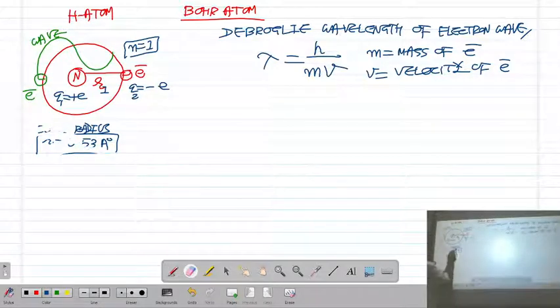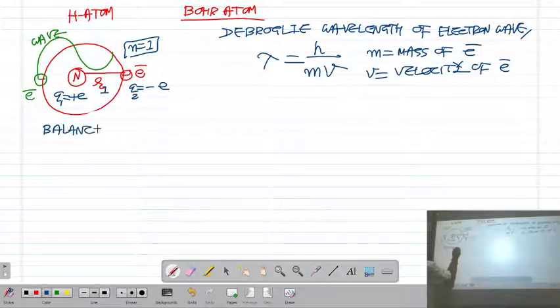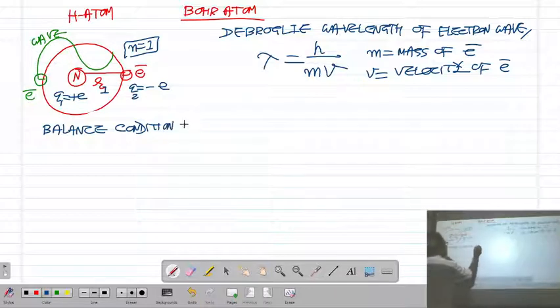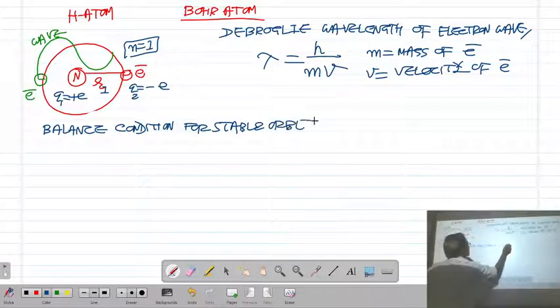Now you have studied the stable orbit. What is the balance condition for a stable orbit?